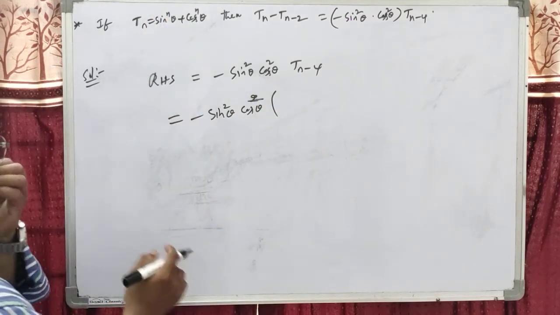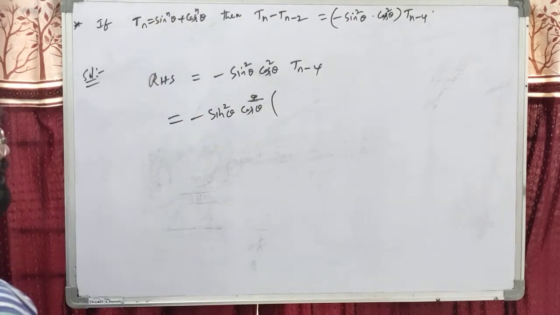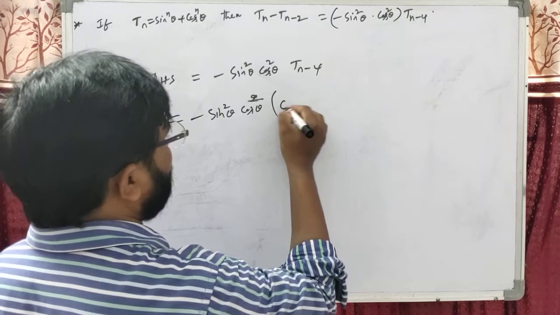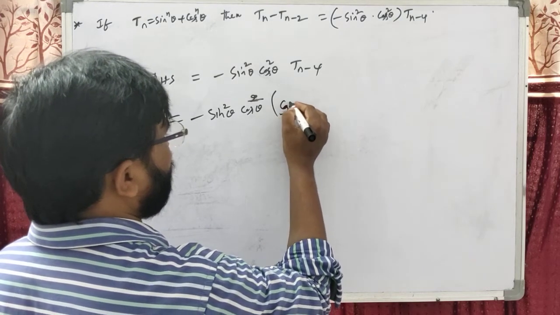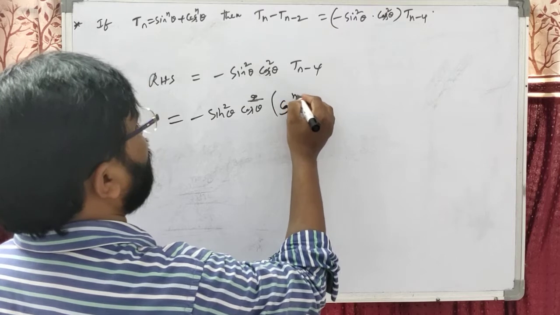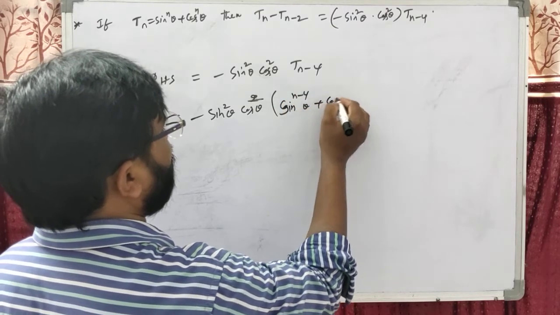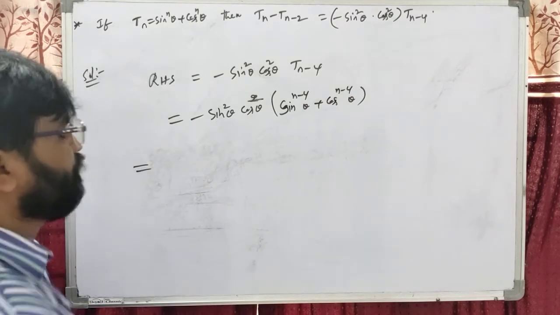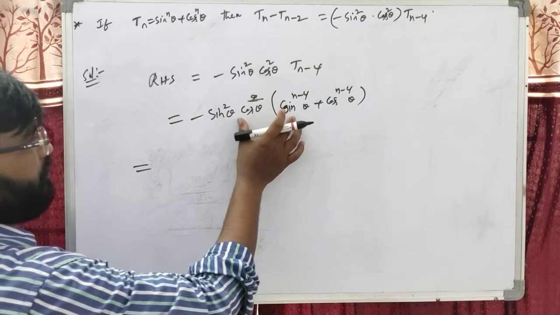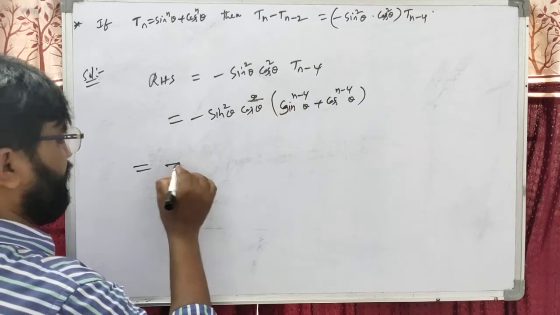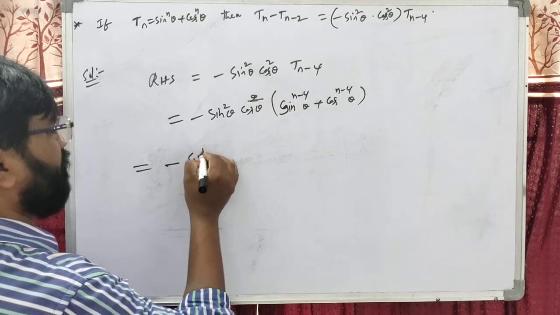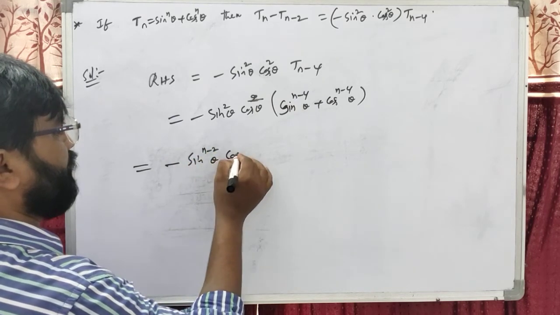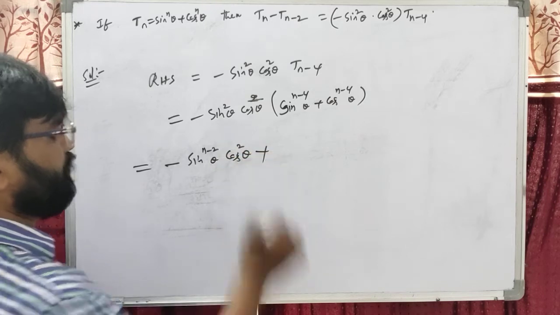This is Tn, sin power n plus cos power n. We can write this as sin power n minus 4 theta plus cos power n minus 4 theta. Dear students, now this is multiplied with this. What do you get? Minus sin power n minus 2 theta into cos square theta.